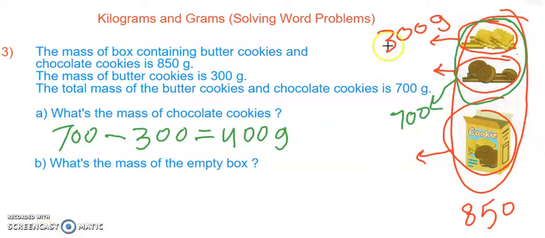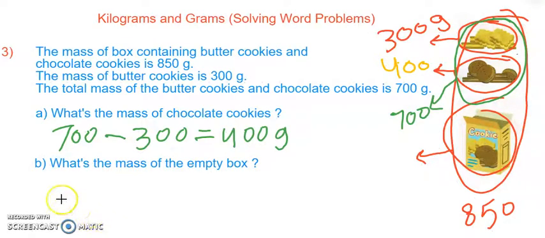So it's here 400, right? So when we add 300 grams and 400 grams, we'll get 700 grams, right? The total mass of the cookies.